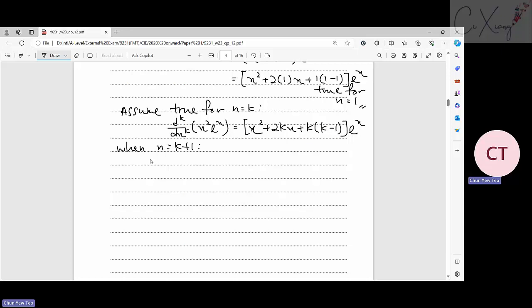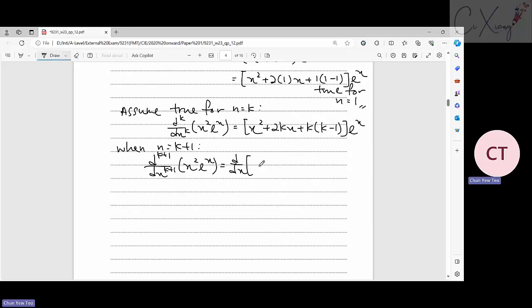And n equal to k plus 1. So you have d^(k+1)/dx^(k+1) of x squared e power x. This is actually the same as d/dx of the result over here. Just copy the result.